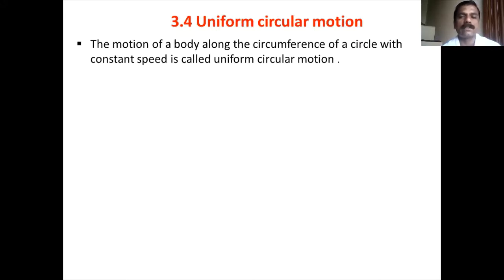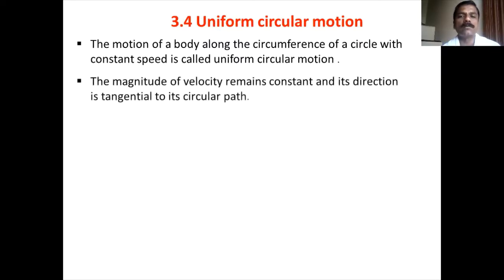So it is called the uniform circular motion. Now as the particle is moving along the circumference of the circle, the direction of the velocity is tangential to the path, but the magnitude of the velocity remains constant.